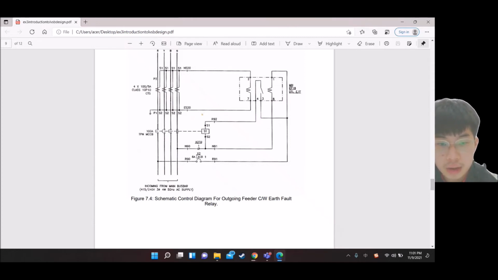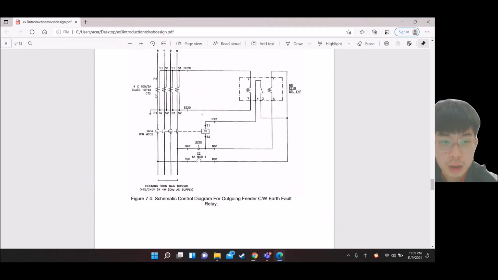Next, 2 XTB also link to it. The function of TB is to terminate the wire. TB is terminal box.